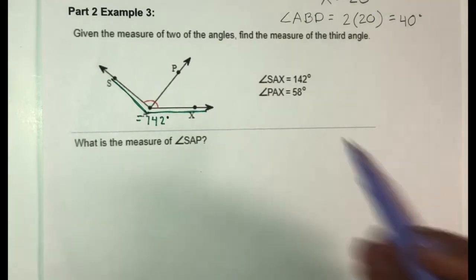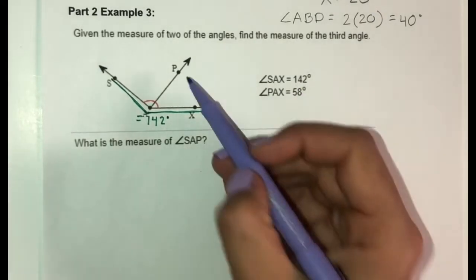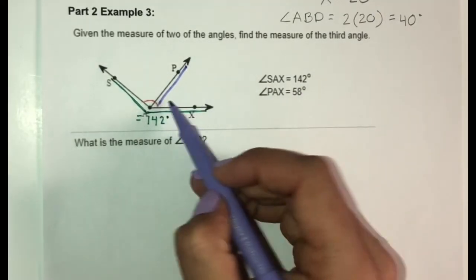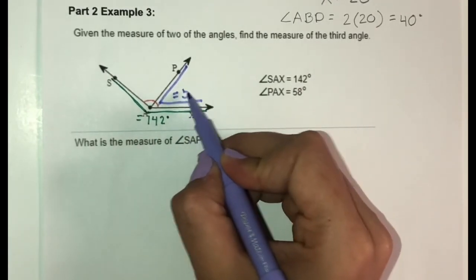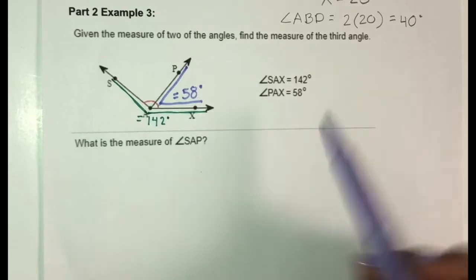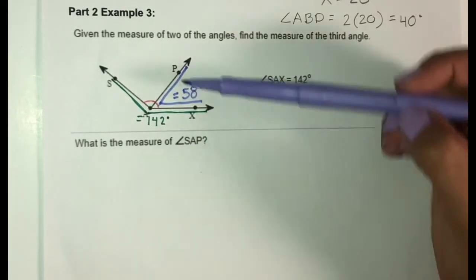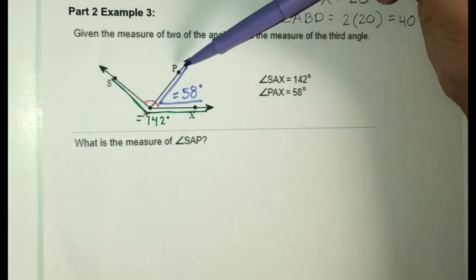Then they tell us angle PAX is equal to 58 degrees. So they give us the measures of two of the angles, but we're still missing this third angle.